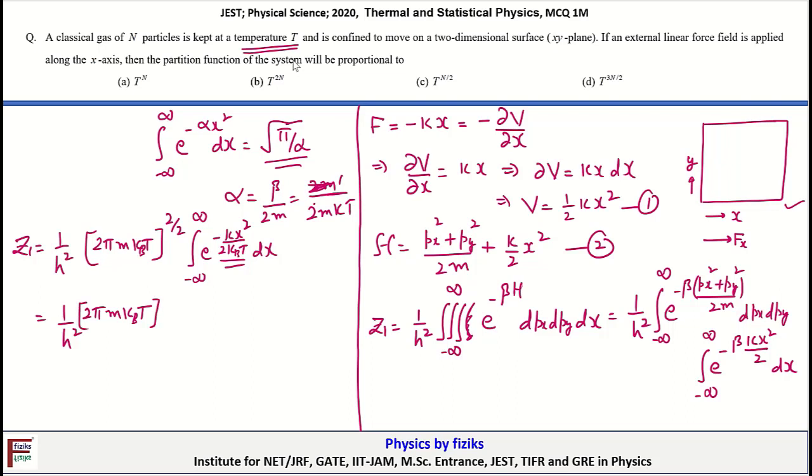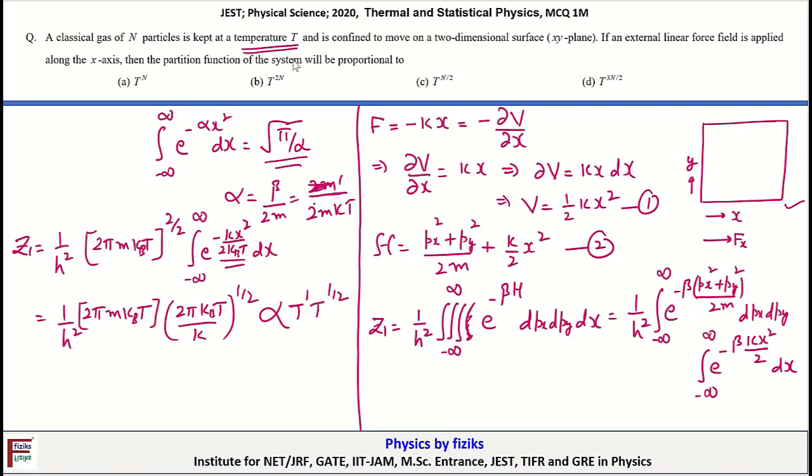And then this exponential minus alpha x square again gives root pi by alpha. So this will be equal to 2 pi kBT upon k, where k is the spring constant, to the power 1 by 2. That's the single particle partition function, and this is proportional to T power 1 from the first term and T power 1 by 2 from the second term.